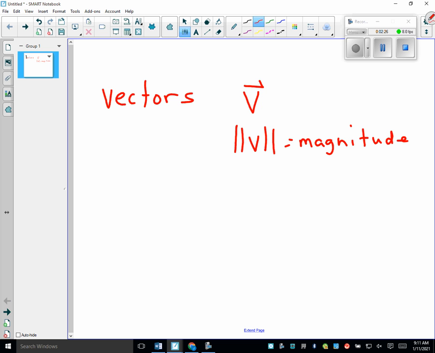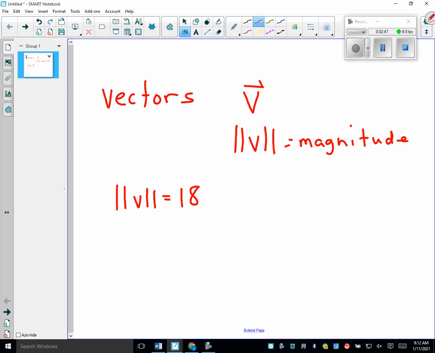Okay, if I tell you, as an example, that vector V is equal to 18. When I write it this way, that means the magnitude of vector V, how strong it is. All right?